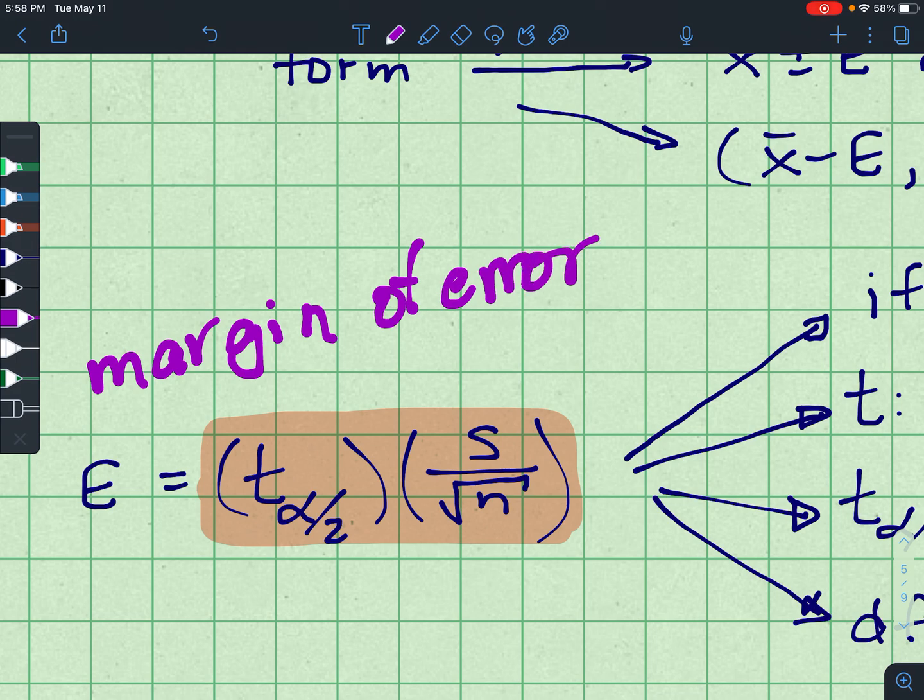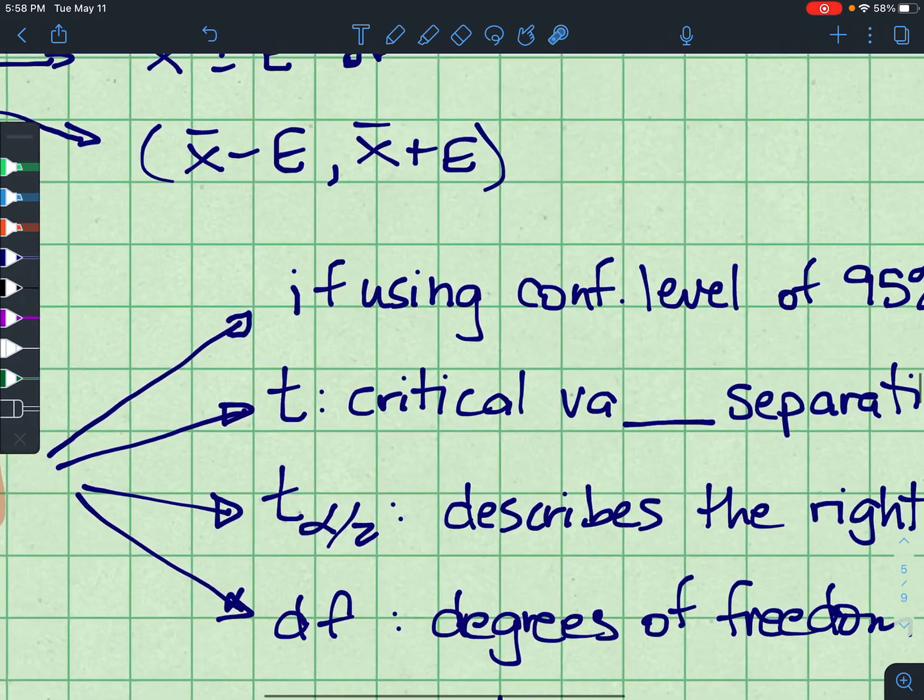Notice it uses t, which is a distribution very much like our normal distribution, but not quite. So this piece here is a little bit odd. More on that in just a moment.